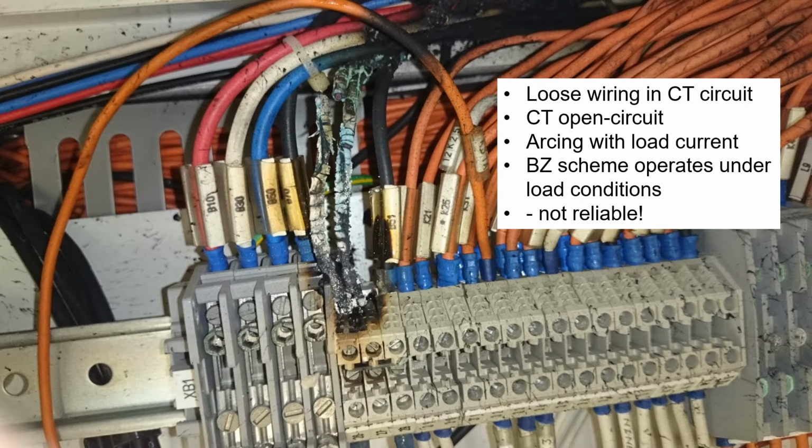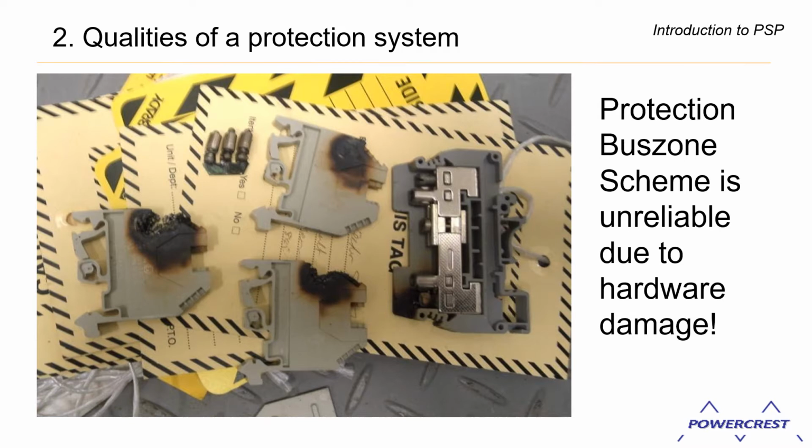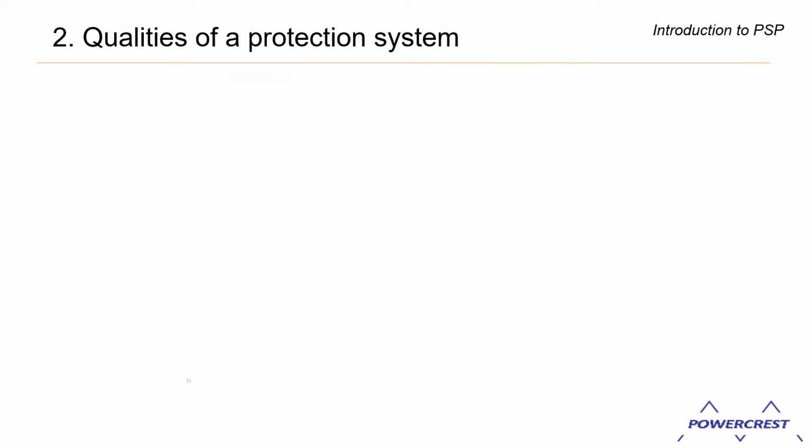So what happened was that the busbar scheme operated quite a few times under load conditions because of what had happened here. And obviously the scheme was not reliable. Right here we can see the extensive damage that has occurred to the terminals. Okay, moving on.